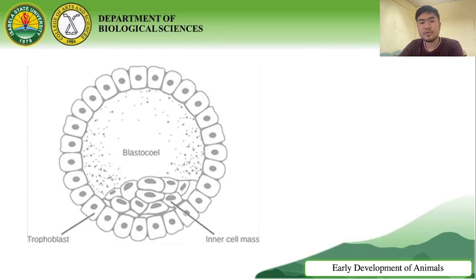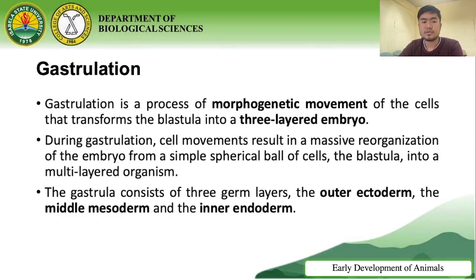So, after blastulation, the embryo will undergo gastrulation. Gastrulation is the process of morphogenetic movements of the cells that transform the blastula into a three-layered embryo. Hindi naman mag-stay na ganun lang, single layer ang ating embryo.